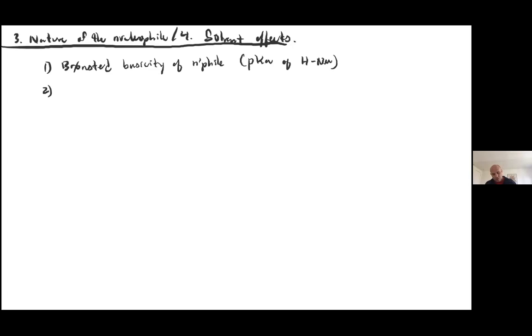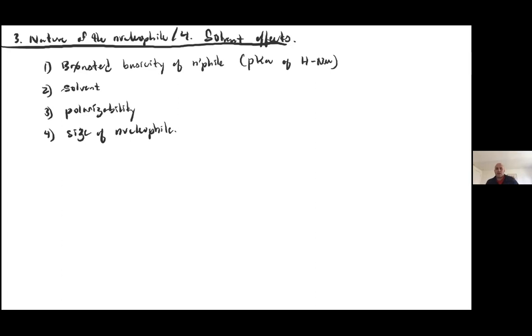Second thing is the solvent that we're using, and that's so important. The third is what we call polarizability. And then the fourth is just the outright size of the nucleophile. And by that, I mean not so much the atom itself that's bonding to carbon, but what comes along with that atom. What else is attached?